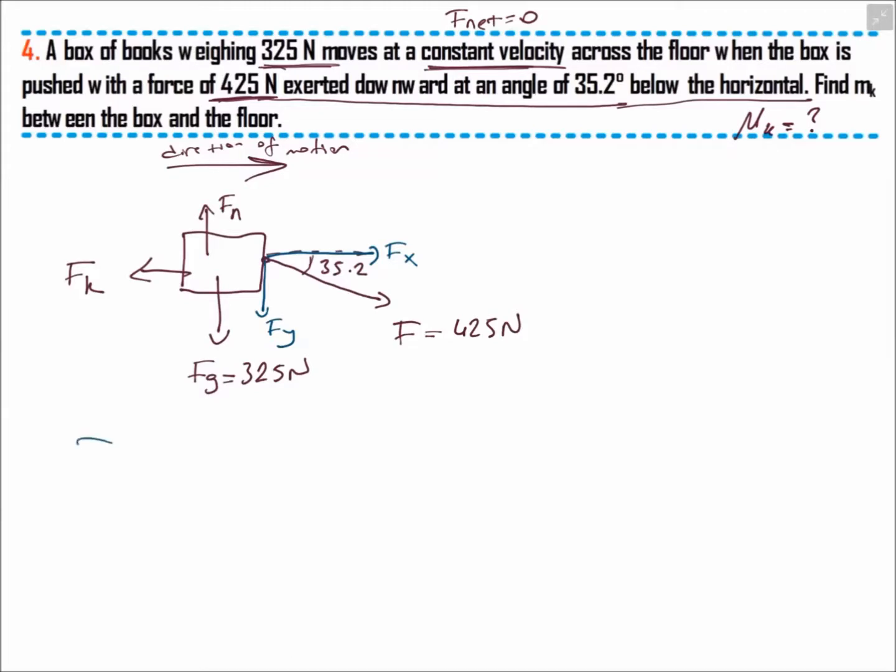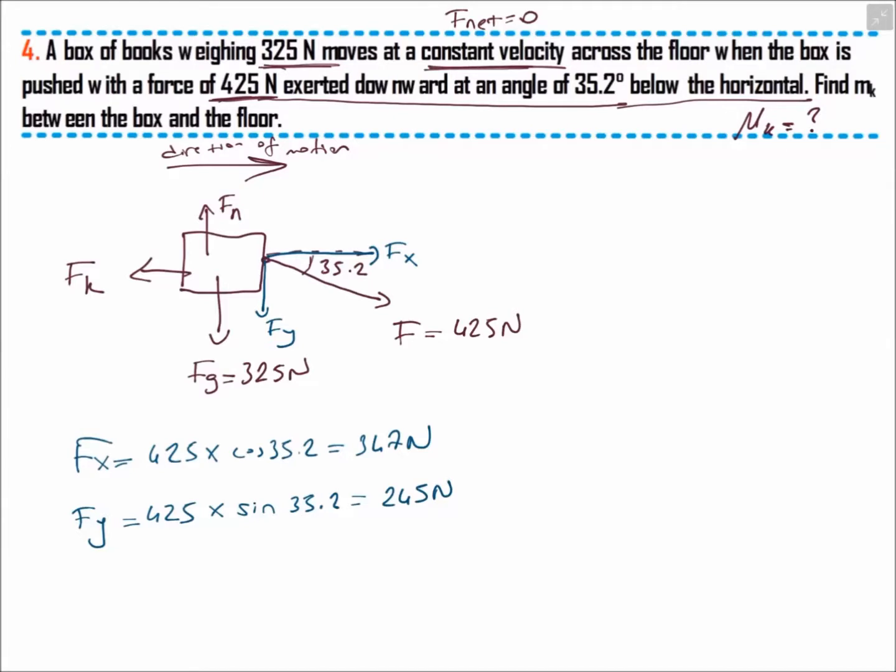Fx here equals 425 times cosine 35.2, and that's equal to 347 Newton, and Fy equals 425 times sine 35.2, and that will be equal to 245 Newton.